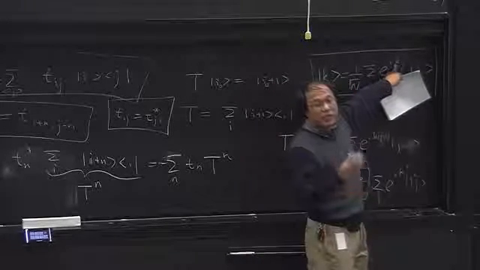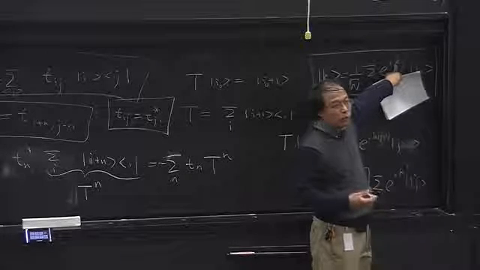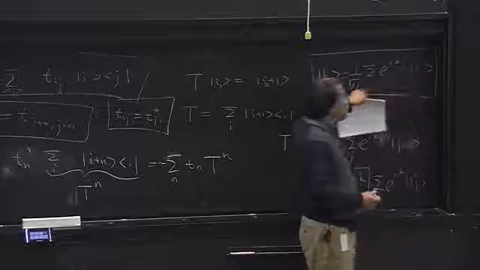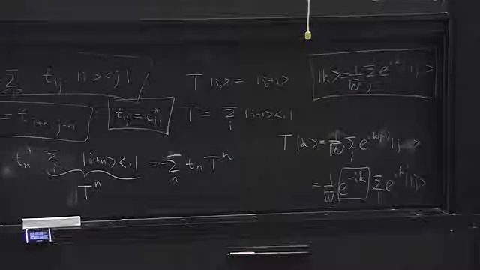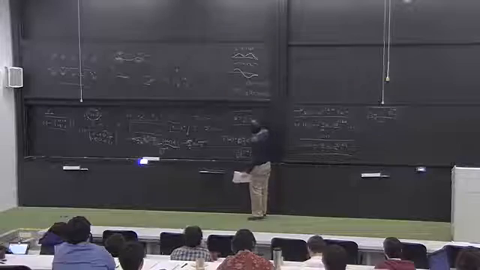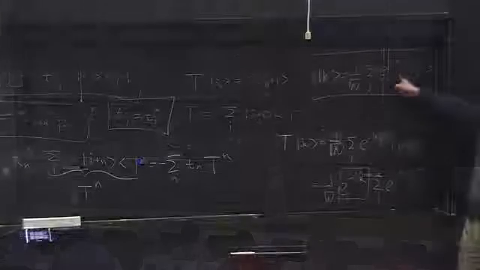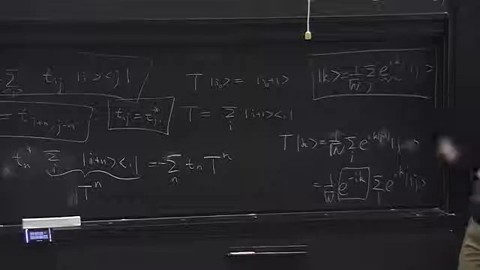K cannot be any real number, any wave vector. If k is any wave vector, this is illegal. The quantization condition is that this function, this is the wave function, should be periodic on the ring.